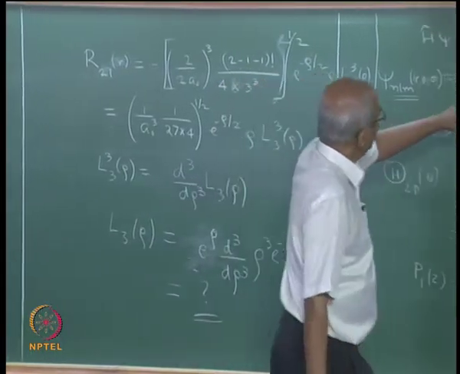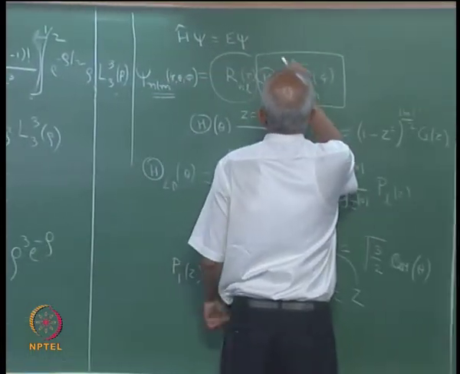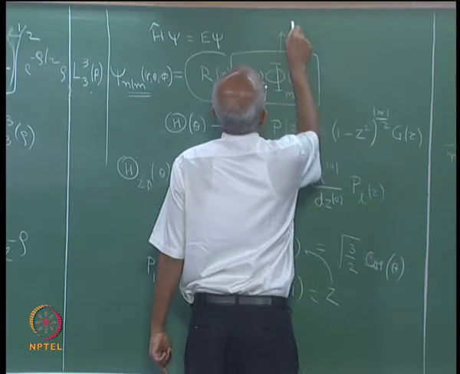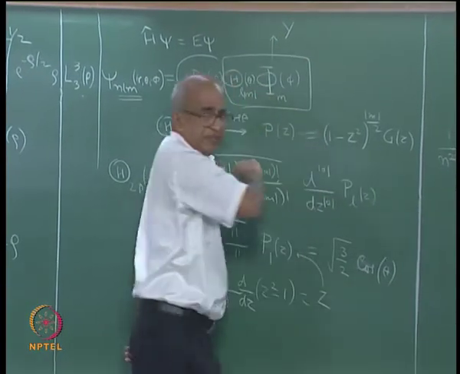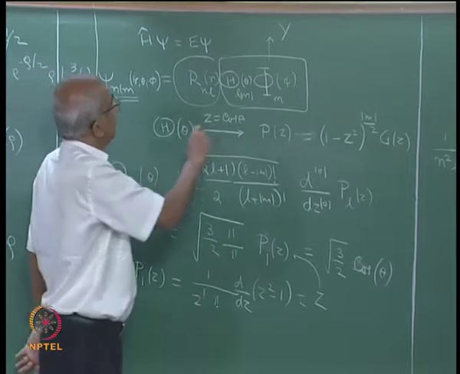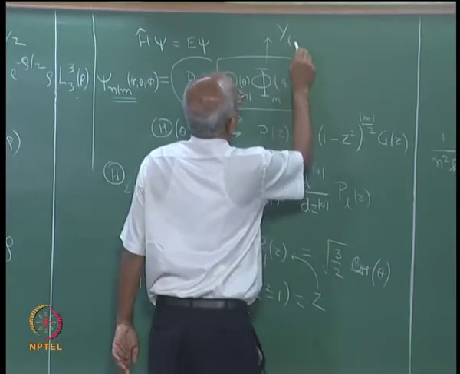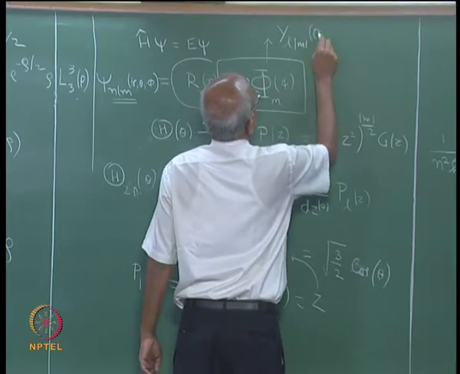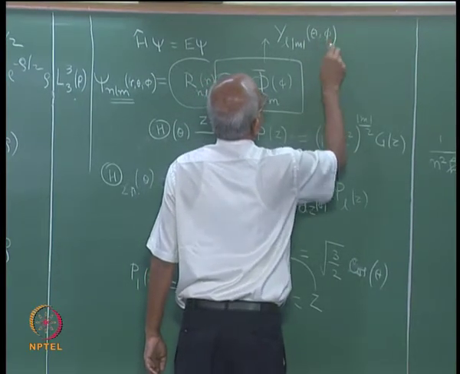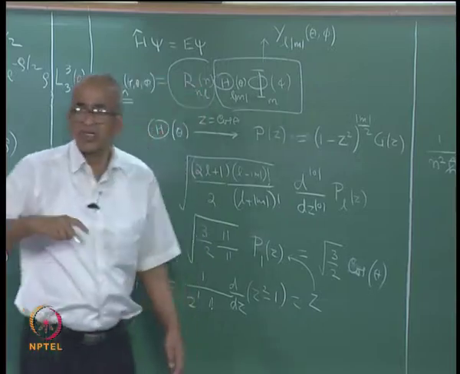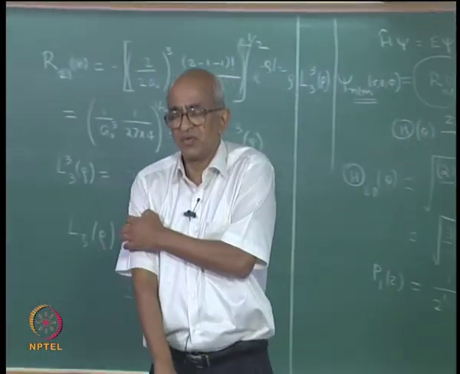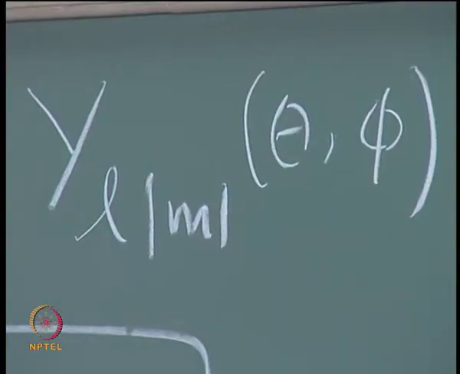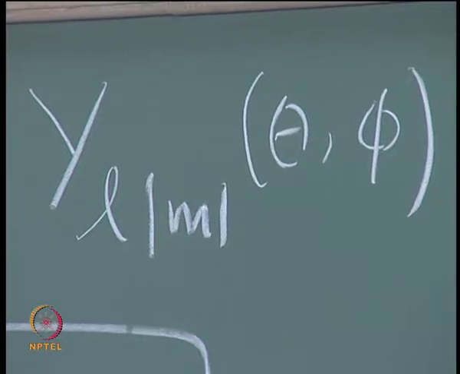And further, usually this product is denoted by the symbol Y with a subscript L and the subscript m, and it is written as a function of these two angle variables, which actually denote directions in space, as I have told you. Again, the reason is that these functions were studied by the mathematicians.